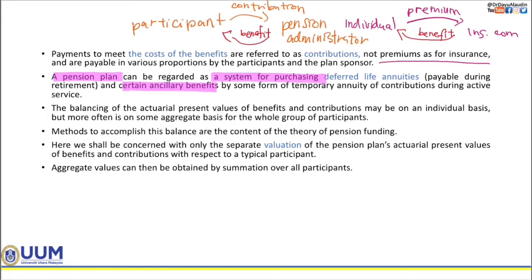The balancing of APV of benefits and contributions may be on an individual basis, but more often it is on some aggregate basis for the whole group of participants. We shall be concerned with only the separate valuation of pension plans, the actuarial present value of benefits and contributions with respect to a typical participant.